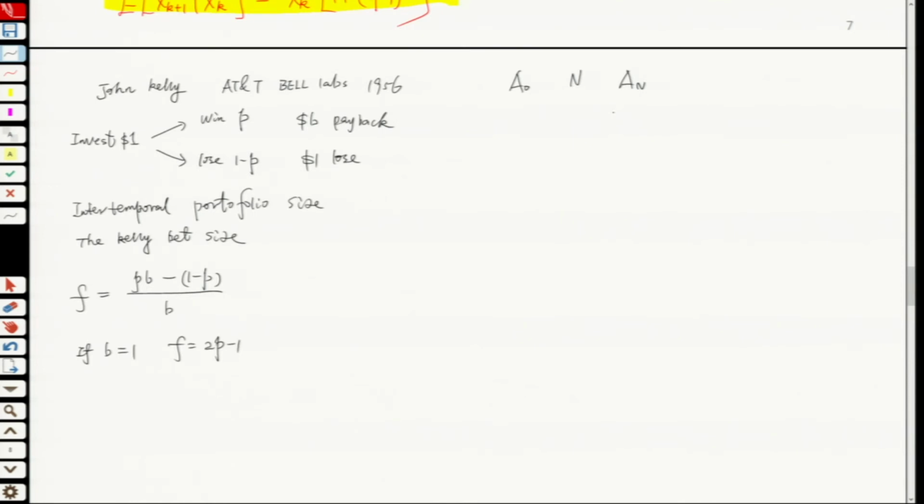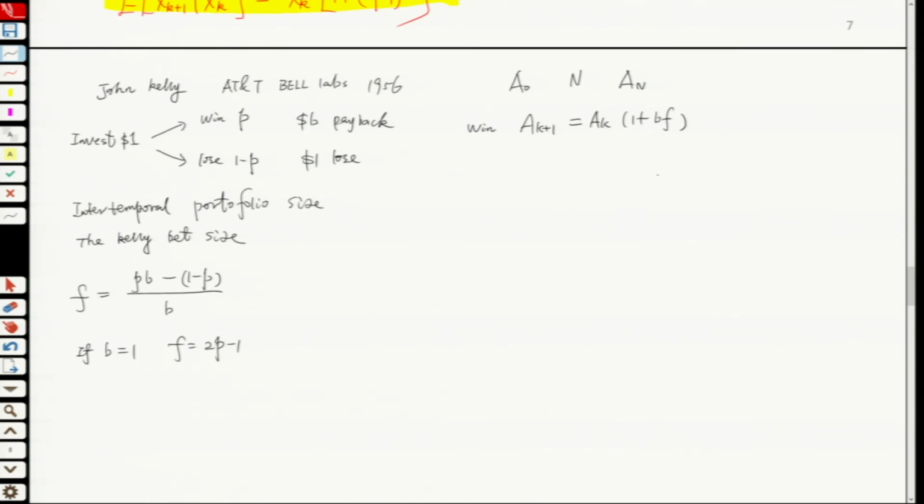In each investment we have win and lose probability. If you win, A(k+1) equals AK times (1 plus BF). Why 1 plus BF? Because AK is the current money you have, B is the payback, and how much you invested is AK times F. This is the Kelly strategy: invest a ratio of the current fund you have.